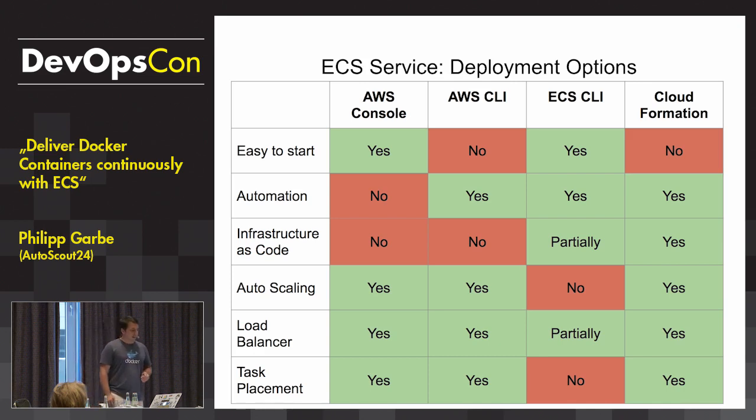It's two or three commands that you have to do. A nice thing about the ECS CLI here is that it supports the Docker Compose file. So if you already have a Docker Compose file, you can use that as a source, and based on that Compose file information, it generates the task definition, registers it in your cluster and starts the service.